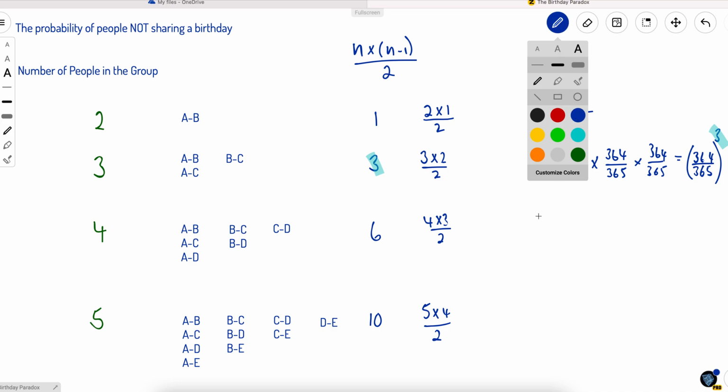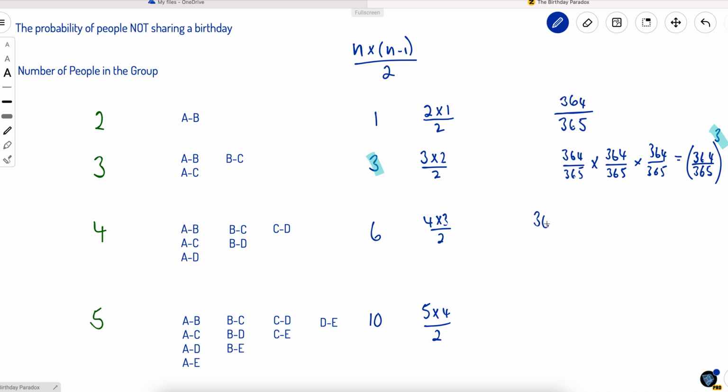So here we've got 364 over 365 to the power of the number of comparisons, which is 6. And then here 364 over 365 to the power of 10. Now, when you have a small number, the probability of not sharing a birthday is still pretty high.